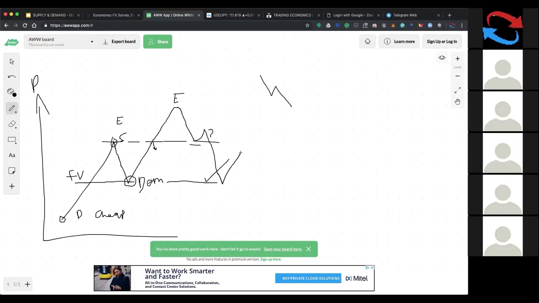So what happens is they end up waiting for a pullback, right? No idea about fundamentals either. They end up getting short here, stops above the high, and then prices end up getting them twice. And then they say, trend trading doesn't work. What's going on? Blah, blah, blah, right? We're buying at levels of demand. We have to, because it's proven.